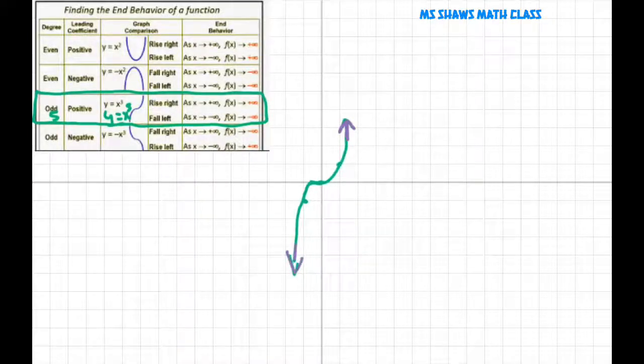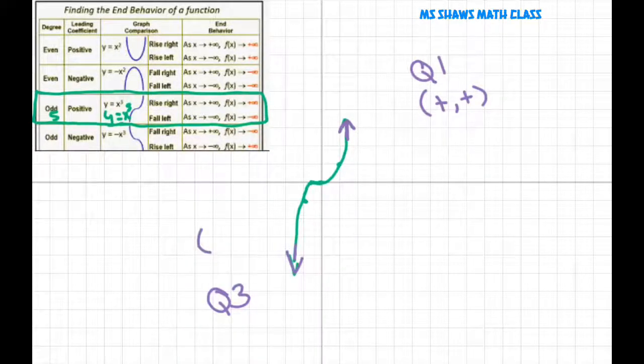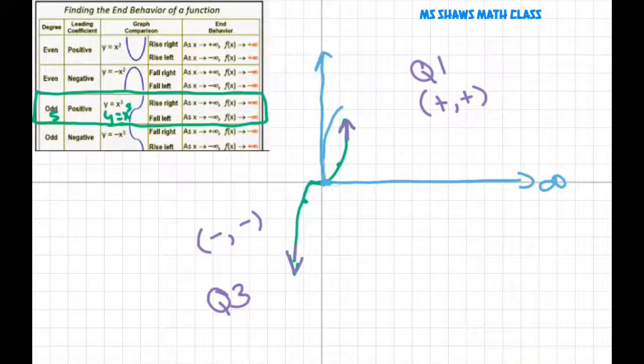So when we graph, we know we're going to start in quadrant 3 and end in quadrant 1. And quadrant 1 is positive, positive, and quadrant 3 is negative, negative. So this means as x from 0 gets larger and larger, so does my y. This portion here.